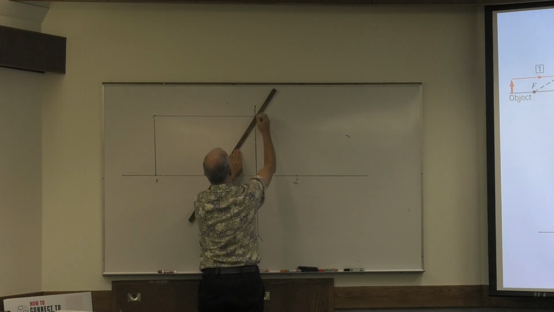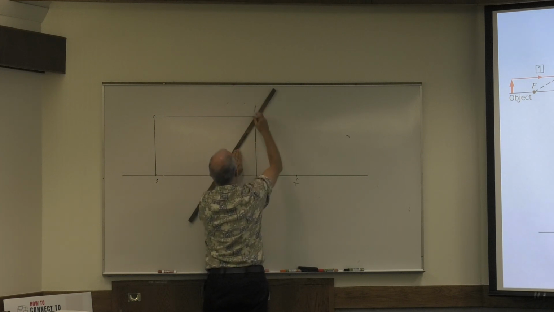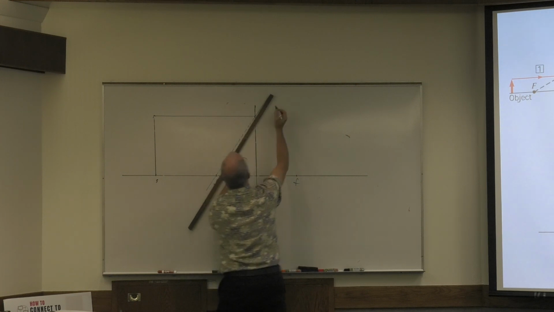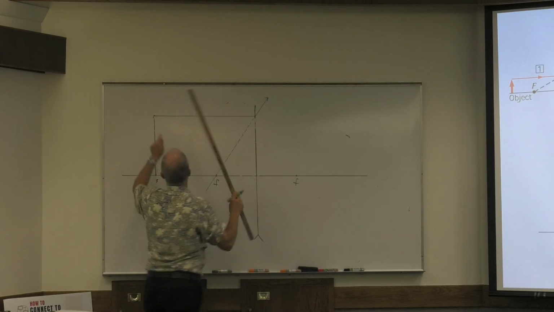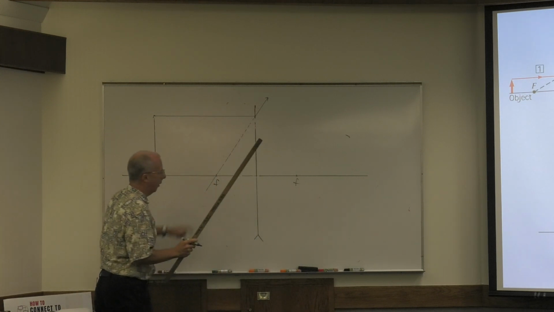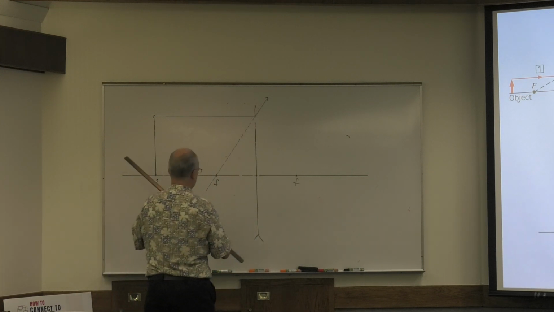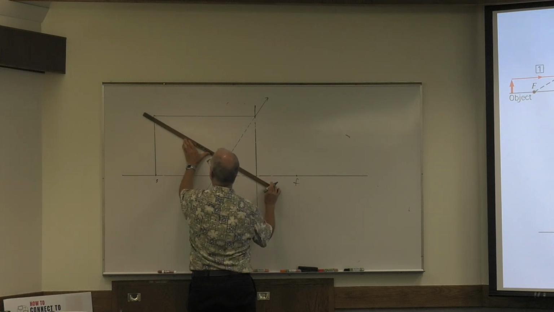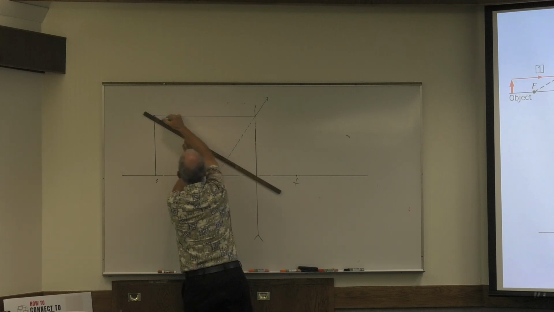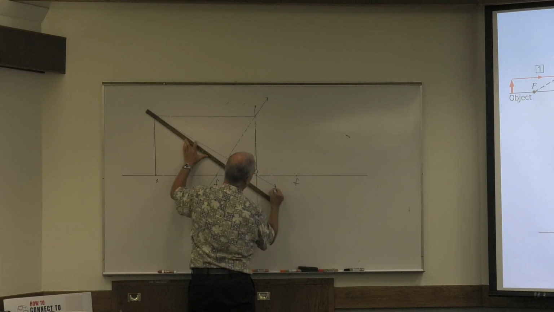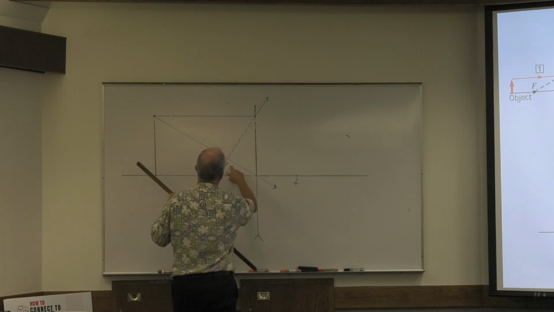So it diverges, and you backtrack, and there. All right, so parallel in, diverges, so we backtrack, focal out. Let's do our friend. Nice easy one. Number 3 just goes through the center. All right. Okay, so here's an outgoing ray, here's another outgoing ray, so we know the image is there.